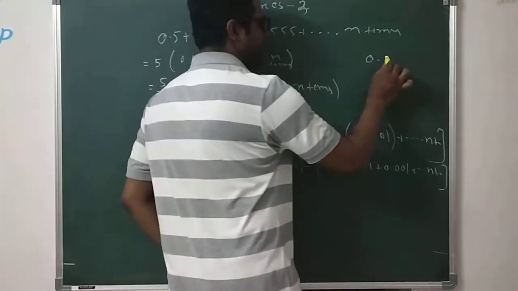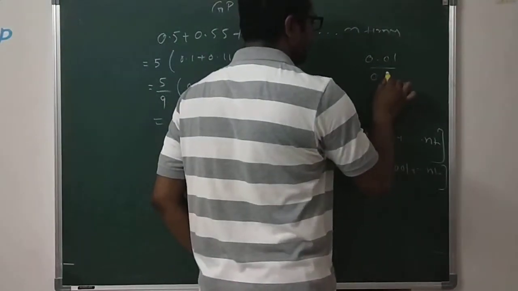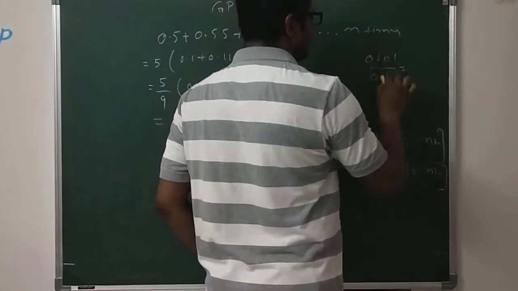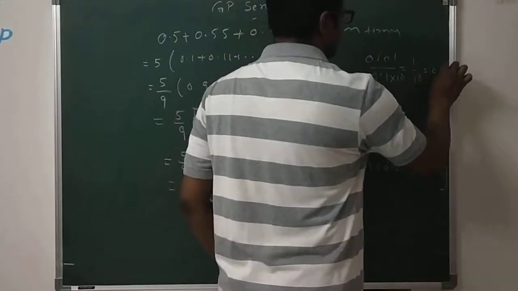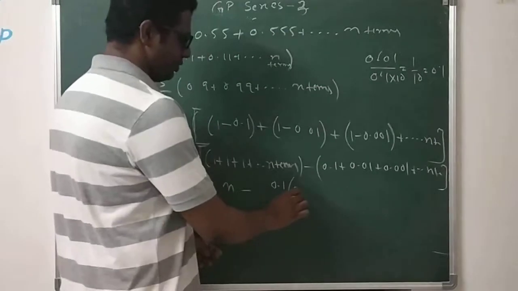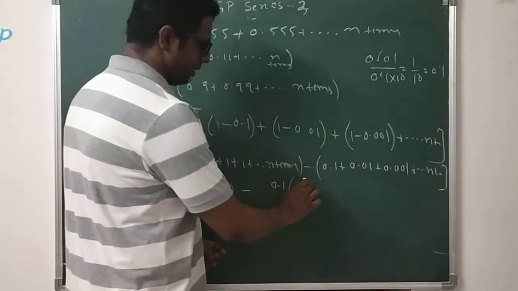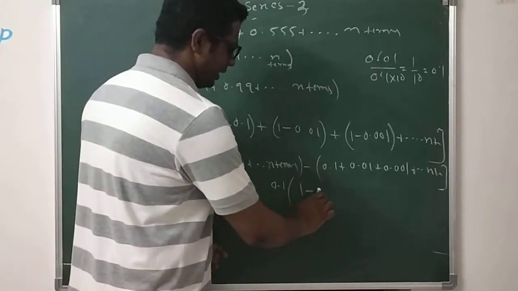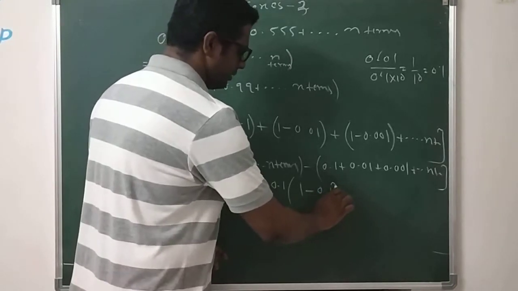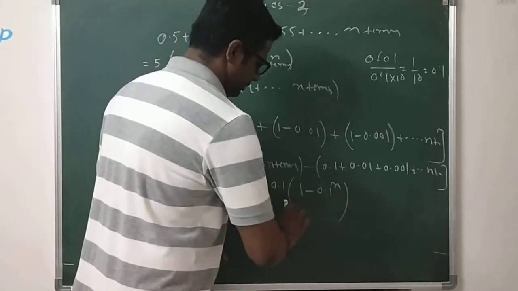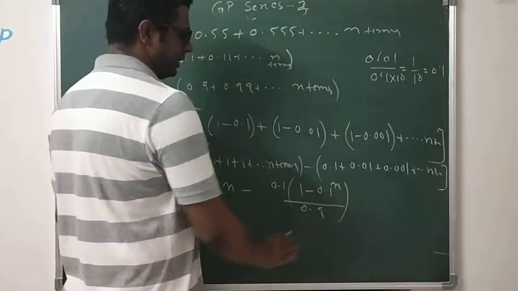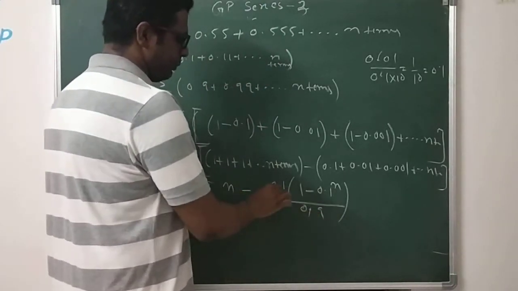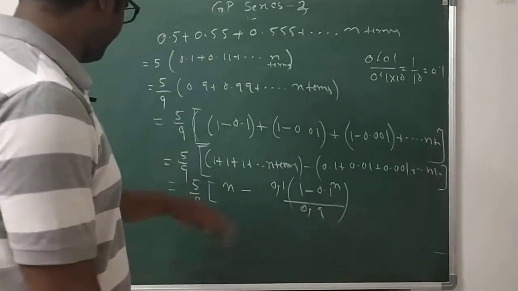Let's check, 0.01 divided by 0.1 will be 0.1, right? So the common ratio will be 0.1. Here will be 1 minus 0.1, that is 0.9. The point cancels, so 1 by 9.